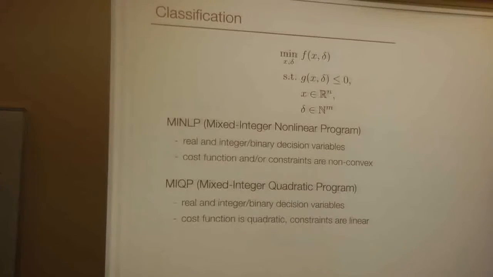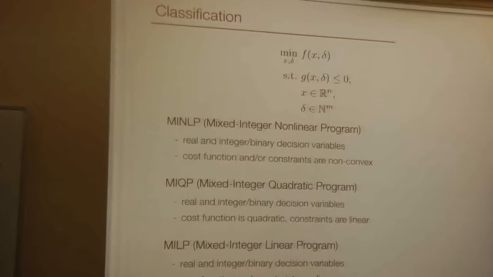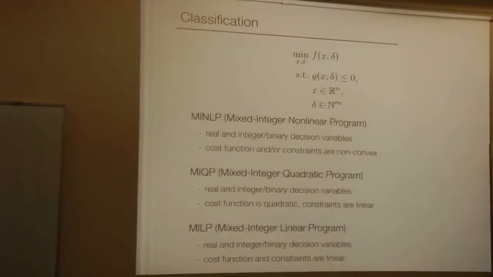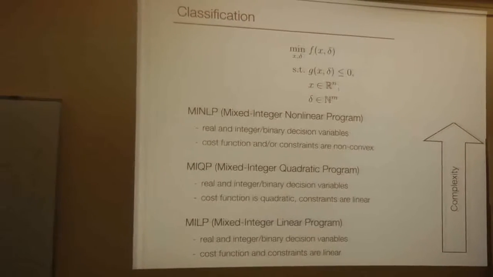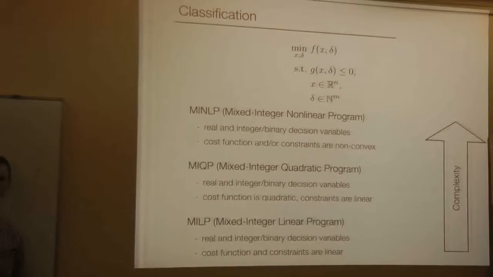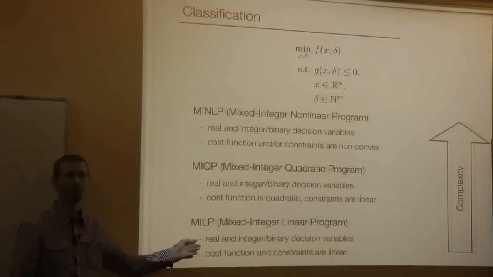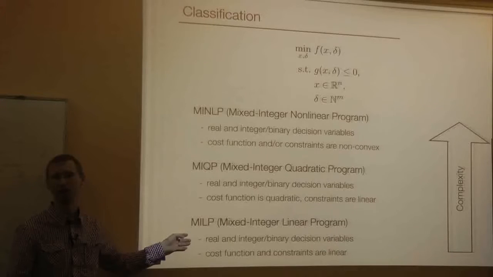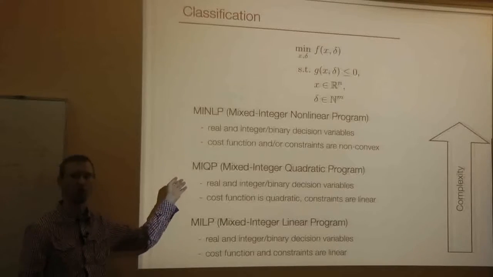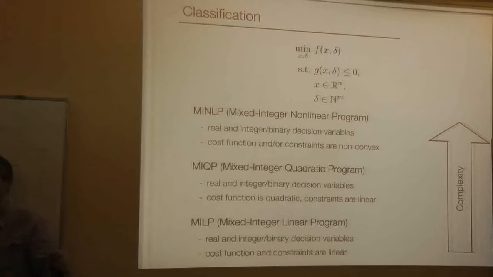And if we furthermore assume that the cost function is linear, then we end up with mixed integer linear programs, which are abbreviated by MILP. And the complexity of these problems grows from the bottom to the top. We know that linear programming problems are pretty much the easiest constrained optimization problems that we are aware of. Quadratic optimization problems are a little bit more difficult because we need to do matrix inversion, while there was no matrix inversion in the linear case.